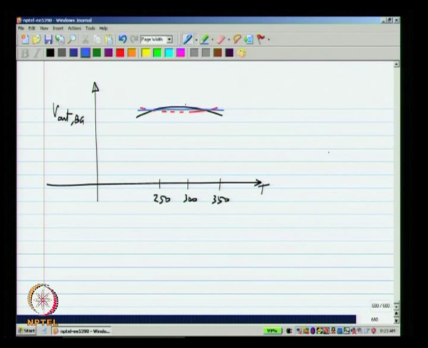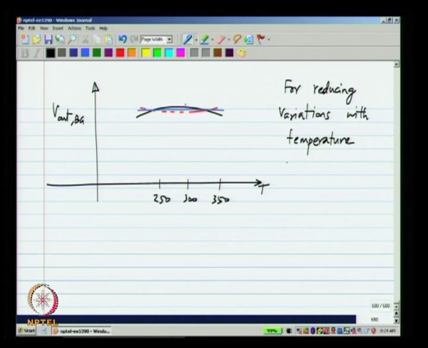Now, it will have some curvature which can be further corrected and so on. So, for reducing variations with temperature even further, one would use what is known as curvature compensation.